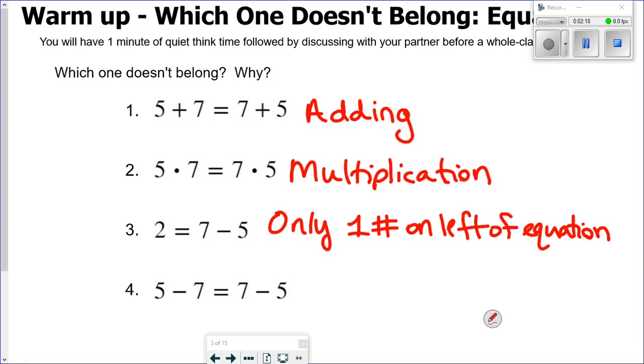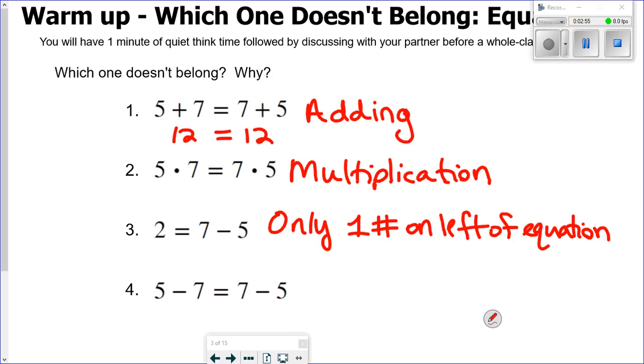And lastly, with problem number 4, someone may argue that this equation doesn't belong because it is the only equation that is actually not true. If you go ahead and perform the operations in all the above equations, 5 plus 7 is 12, and 7 plus 5 is 12, which is true.